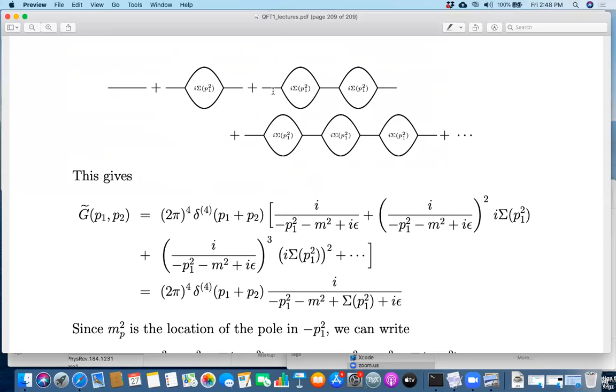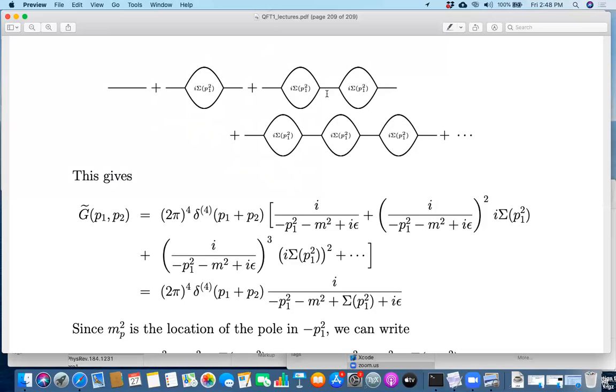This diagram has three factors of I over minus p1 square minus m square plus I epsilon. One from here. By momentum conservation, this carries the same momentum as this one. And the third one from here. That's why there's a cube. And then you have the square of I sigma p1 square, because there is an I sigma p1 square factor coming from here and an I sigma p1 square factor coming from here. It's the same momentum p1 flowing through, right?